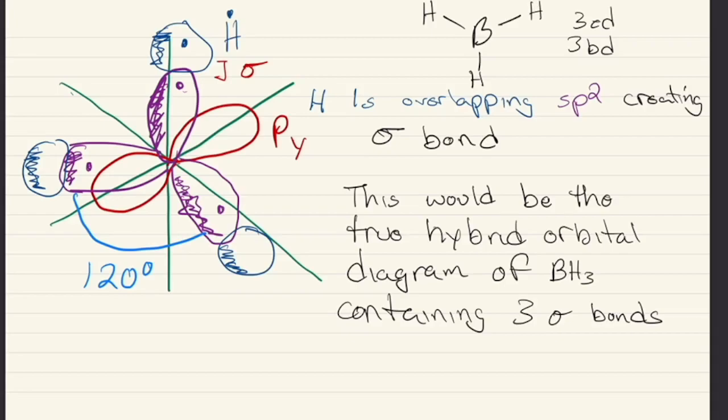The reason that this is better shown using hybridization is because we know from mathematical modeling and experimental studies that these bond angles are 120 degrees. But if we just left the bonding of boron trihydride up to p orbitals, then they would be 90 degrees. And maybe you'll see that if you take a look at your p orbital orientations, notice that they are not 120 degrees from one another.